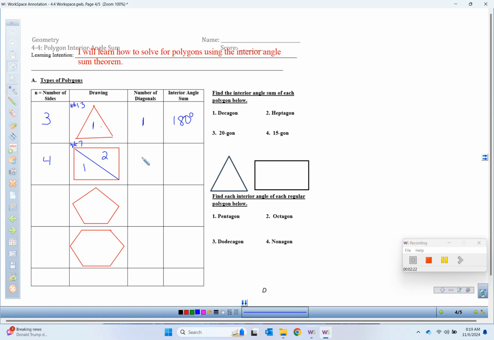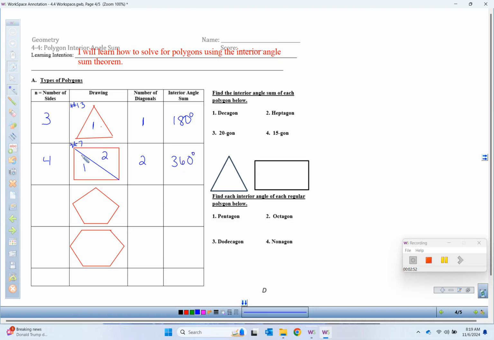So this one is considered to have 2 diagonals. And anytime I have 2 diagonals, or I take the number of diagonals, I guess I should say, take that times 180 degrees. If you'll notice, I have now split this into 2 triangles. So I have 180 degrees here, 180 degrees here. So if I simply take 180 degrees times 2, I'm going to get 360 degrees.